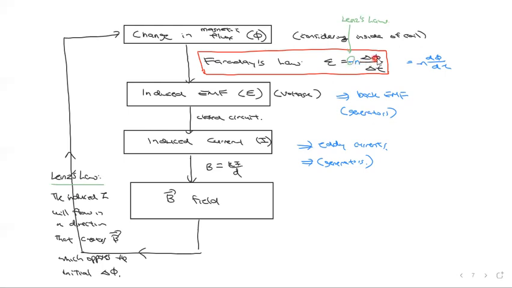Basically, it's the total rate of change in flux across all your coils. So if you are thinking of phi in terms of only one coil, then yeah, you need to multiply by N for the total number of coils. If you're thinking of phi in terms of the total flux going through the entire solenoid, well then that N would already be inside the phi. So that's basically the idea.